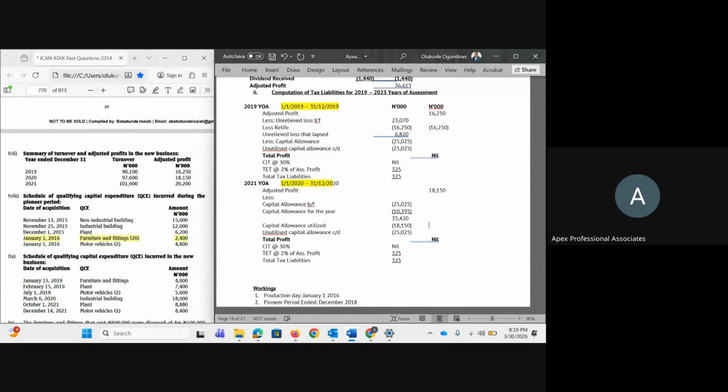Is that correct? Yes, sir. Now less capital allowance carried down is how much? 17,270. Yes. Now we'll do CIT at 20%. Nil, Abby. TET at 100%, what do you have?